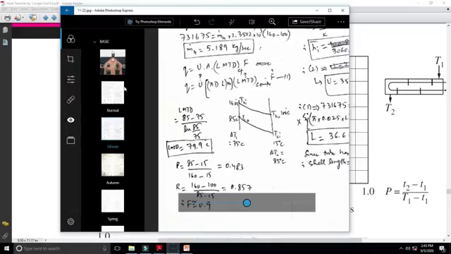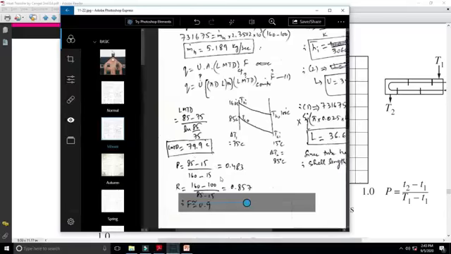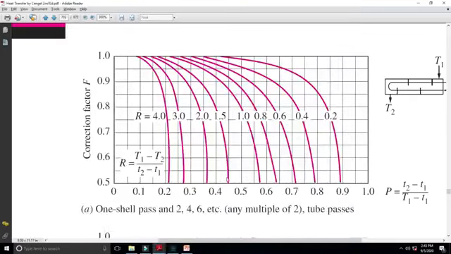We may then take it as about 0.9, or just less than 0.9, right?